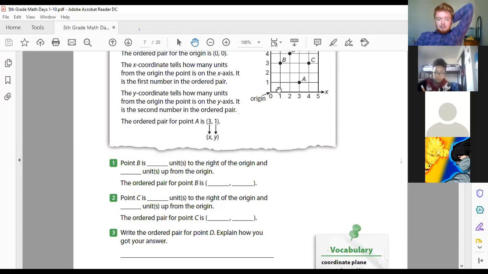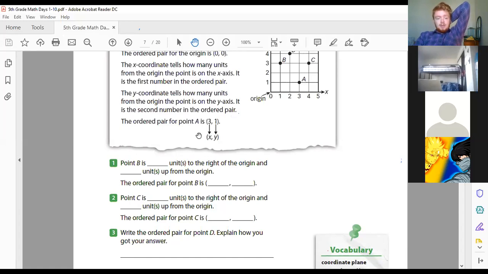Right goes this way, and B is right there. So how many hallways did I go over for B? This one's pretty easy, so you can just type the answer. 1. Good job, Alexis. Yes, I just went over 1 hallway.